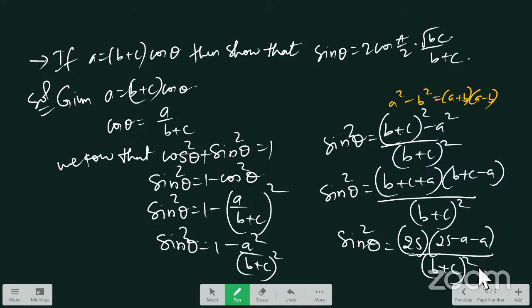Yesterday only I said all the formulas. Now that becomes 2s minus 2a. That is, sin square theta is equal to 2s into 2 common, (s minus a) by (b plus c) whole square.